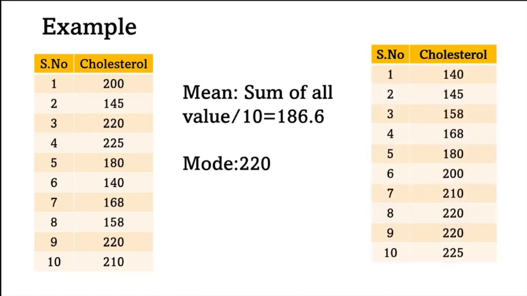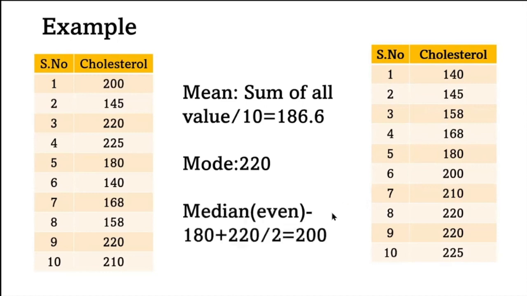If it is even in number, then you take the average of the middle two values. In this case, you can see the average of 180 and 200 will be the median. And if it is odd in number, then it will be the central value, which is the median.